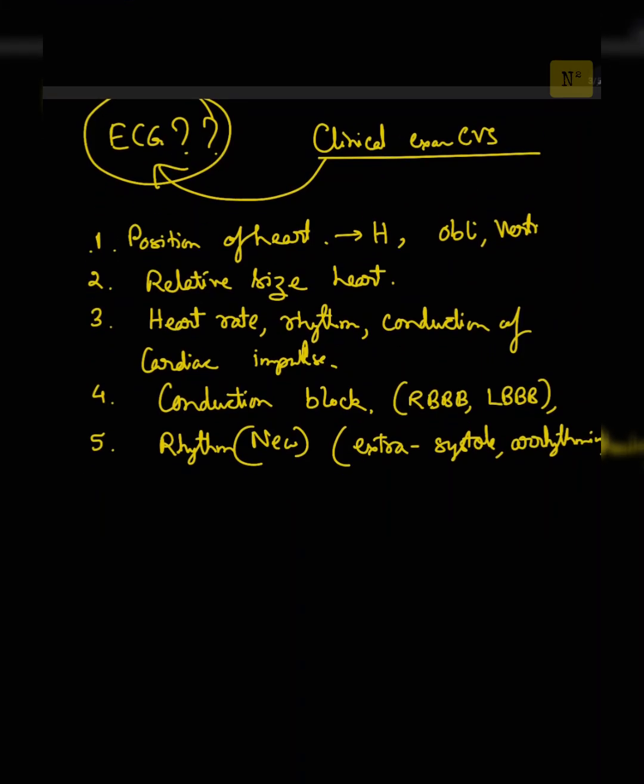Also, we will be able to know the ischemic damage to the heart: the exact site, duration, and extent, everything can be detected with the help of an ECG strip.